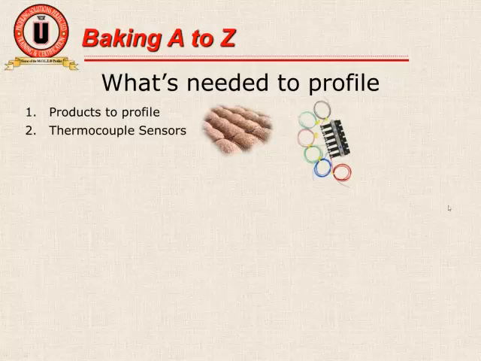You're also going to need thermocouple sensors. And I want to emphasize the word thermocouple. I've heard various distorted pronunciations of that word. I won't say them because I don't want to forever stick them in your minds. But thermocouples are the sensors that are used in most profilers. They're certainly the ones used in our profiler.